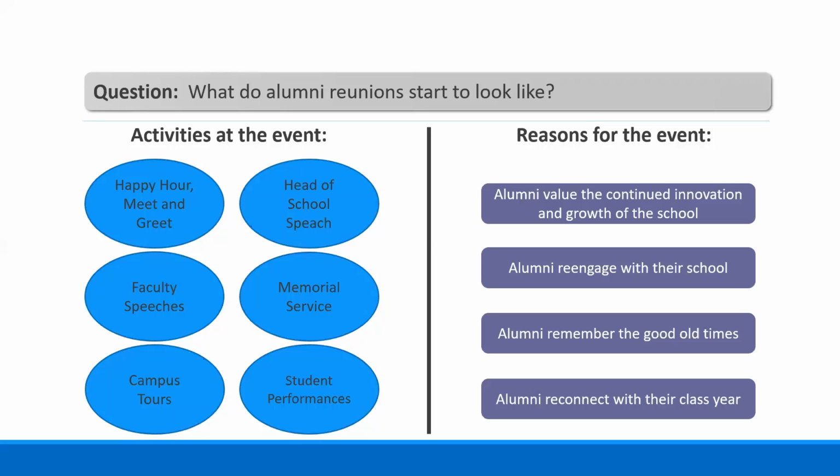Are they to see the continued innovation and growth of your school? Is it to re-engage them with your school through donations and other ways? Is this just for alumni to remember the good old times? You want to capture all of this in this original exercise on that Google Doc. Just share out all of these concepts because you want to make sure that you're thinking through all of the angles.